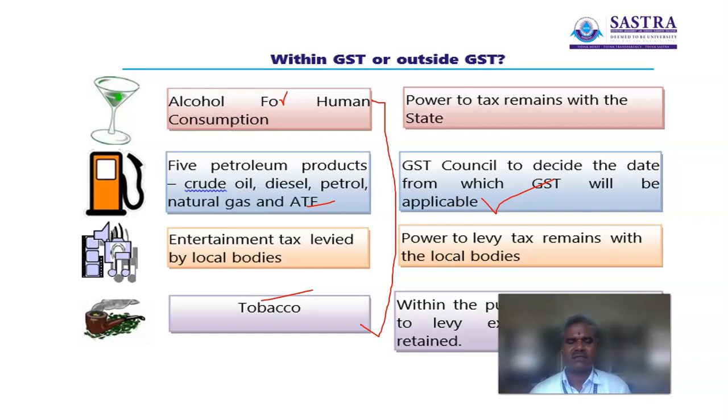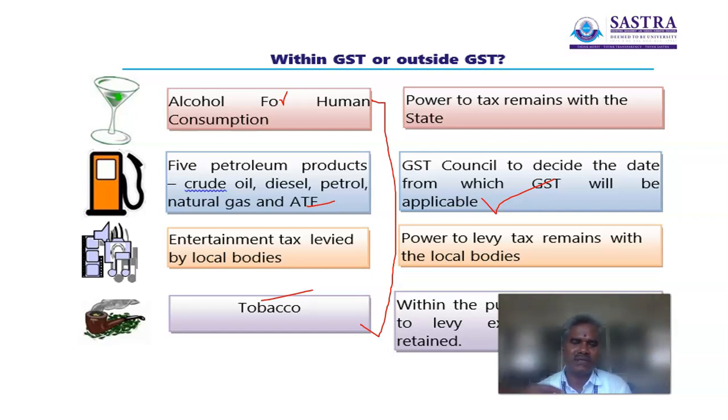That's all. Not necessary to pay GST. Then tobacco, cigarettes and all, we need not pay GST because the rate of consumption is very, very high. The people are consuming heavily. That's why they are charging a high price also.